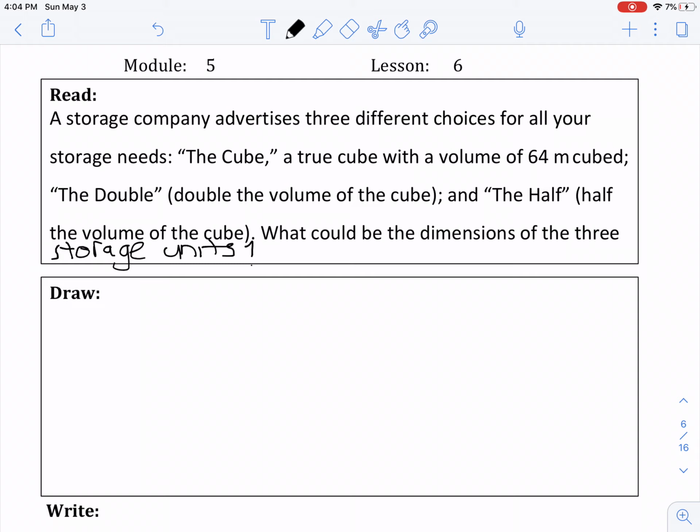And the last question is, how might they be oriented to cover the most floor space?